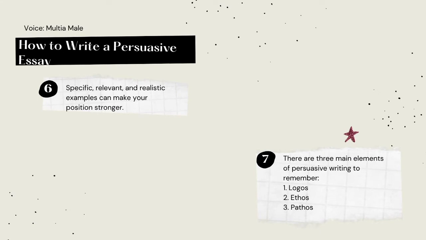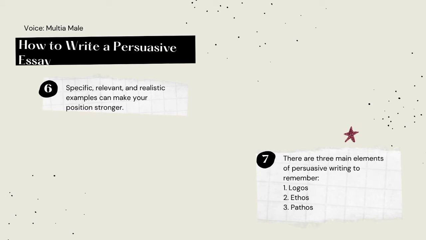Seven, there are three main elements of persuasive writing to remember, such as logos, ethos, and pathos. There are three main elements of persuasive writing to remember. One, logos, the appeal to reason and logic. You express it by using facts presented in a logical manner.